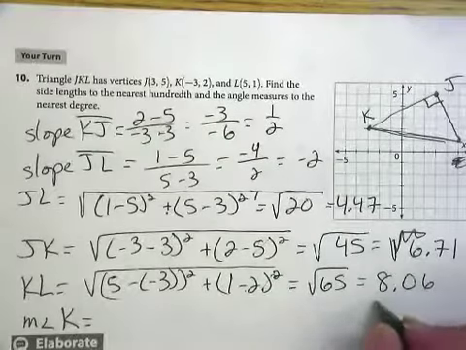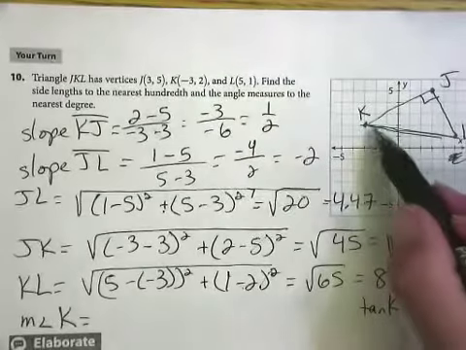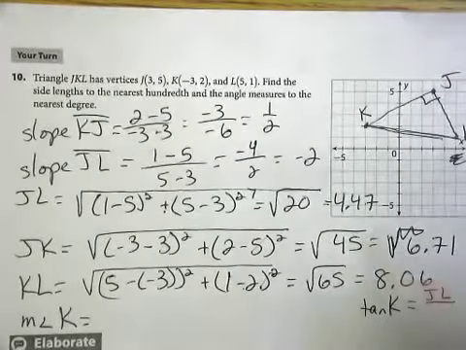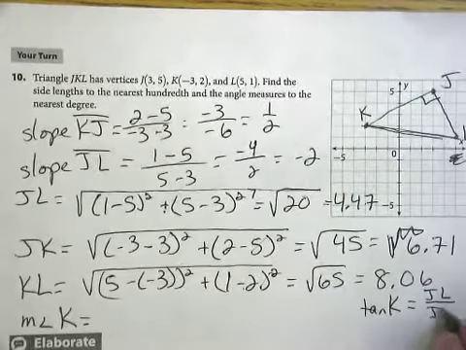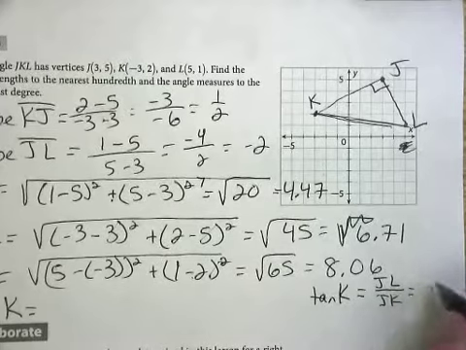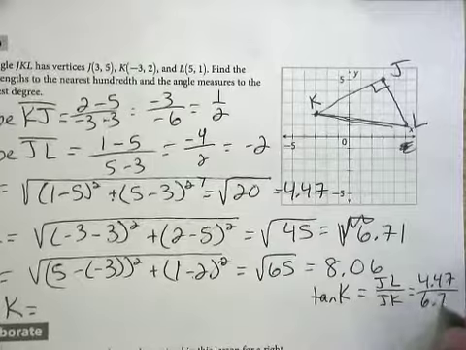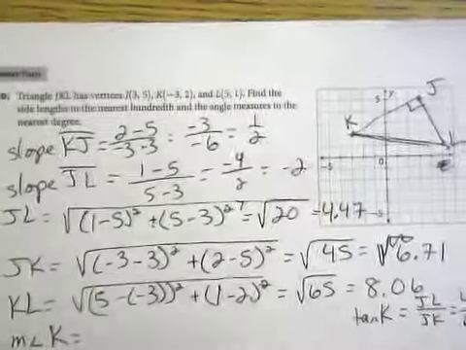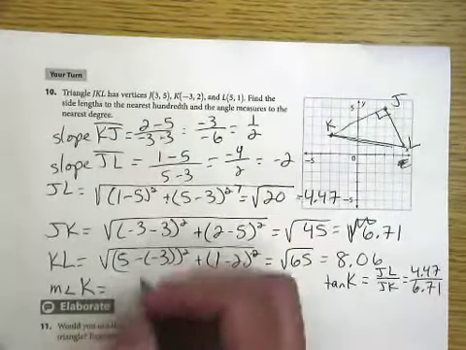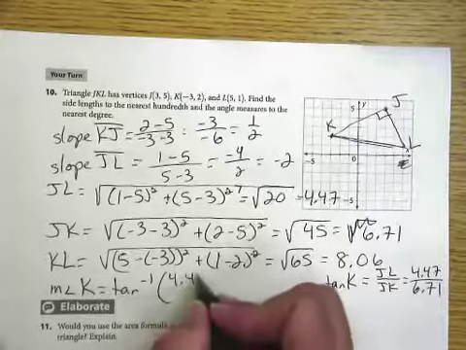Finally, let's find an acute angle measure. I'm going to find the measure of angle K. And because I know all three sides, I can use any trig ratio I want. I'm going to use the tangent of K. So tangent is opposite over adjacent. JL was 4.47.